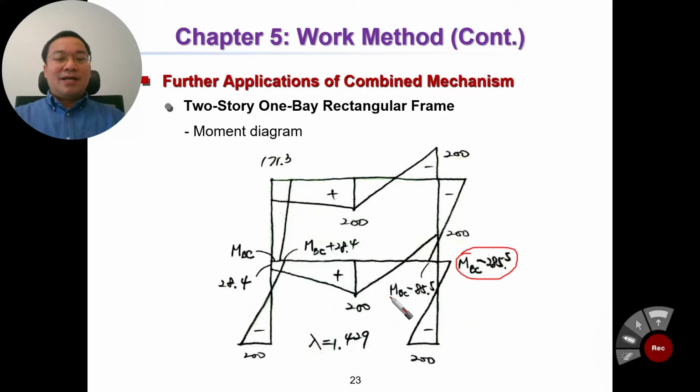It's not necessary to calculate the unique value of moment at every section. So it means this moment diagram is enough for our further steps if needed. So this is the final solution.